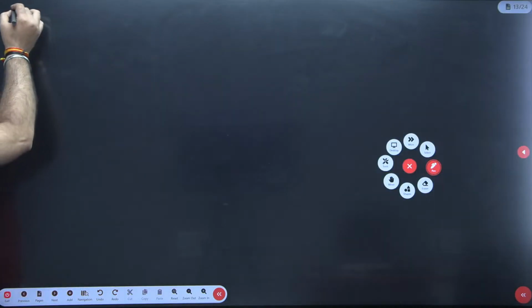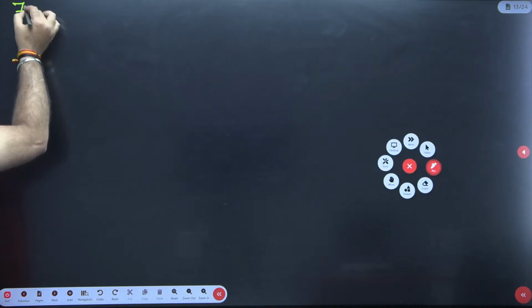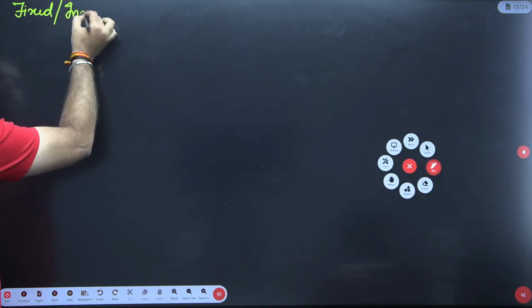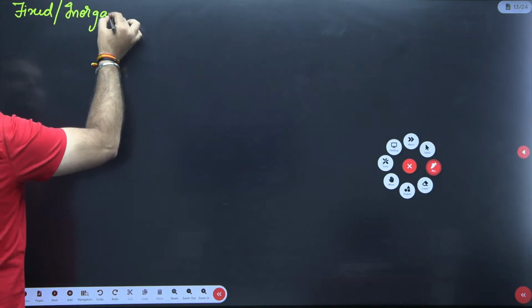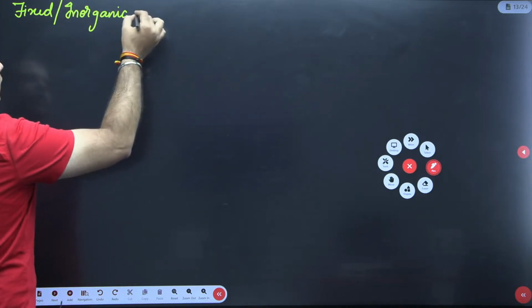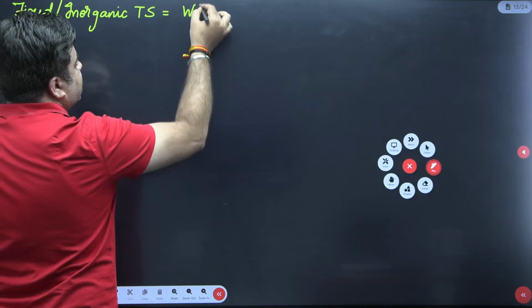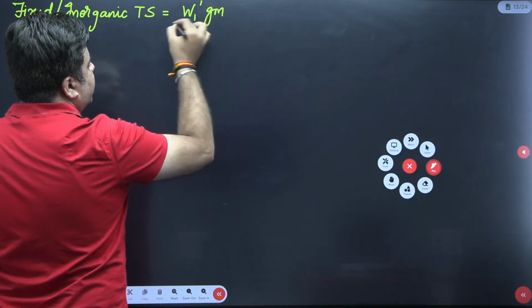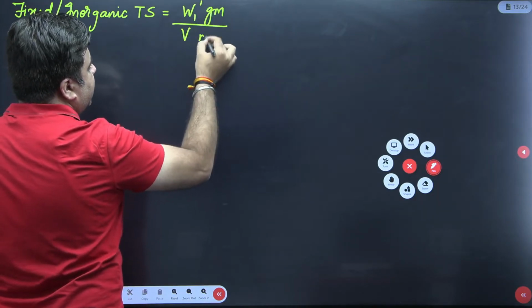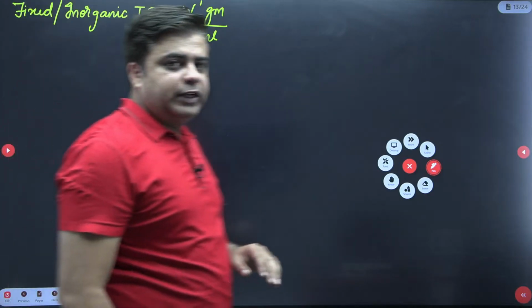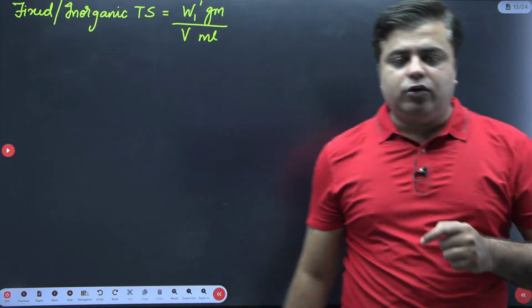The concentration of fixed or inorganic total solids is equal to W1 dash in grams divided by the volume of the sample, again V mL. This is the concentration of fixed or inorganic total solids.